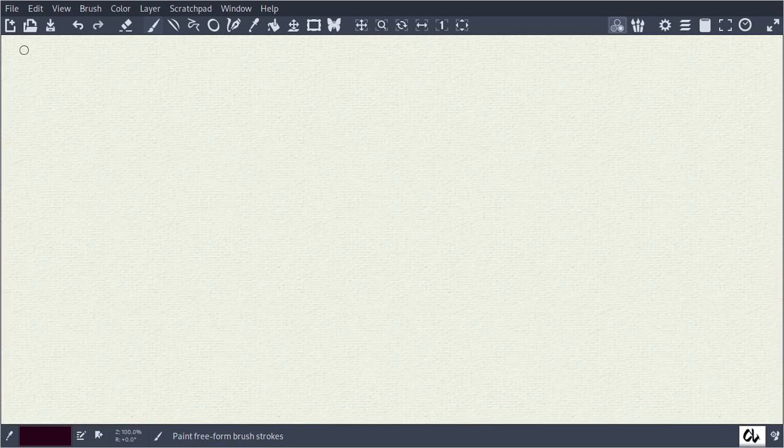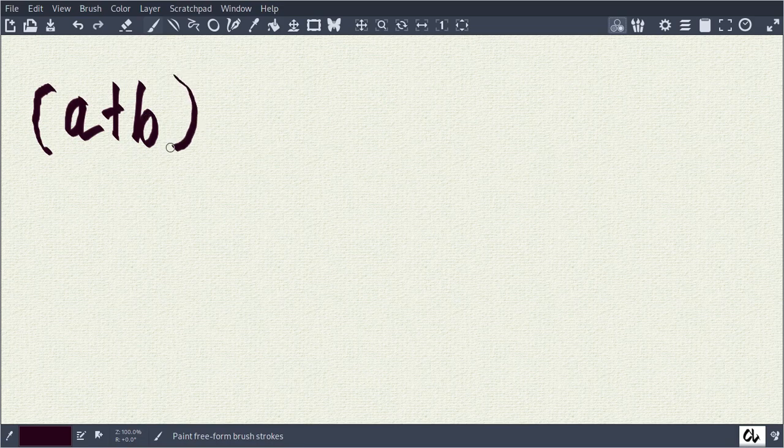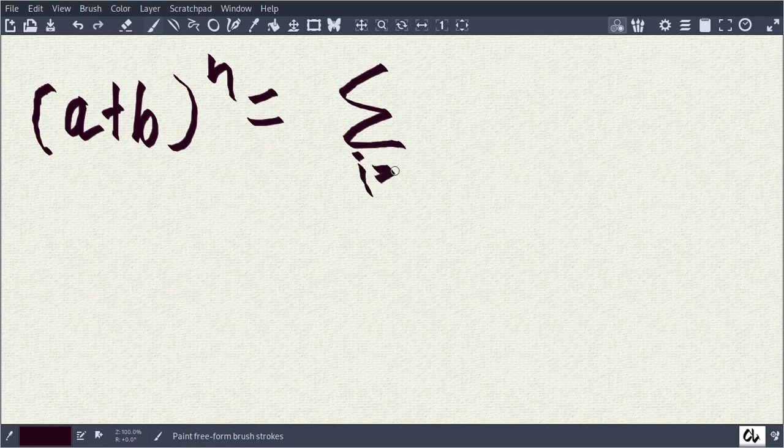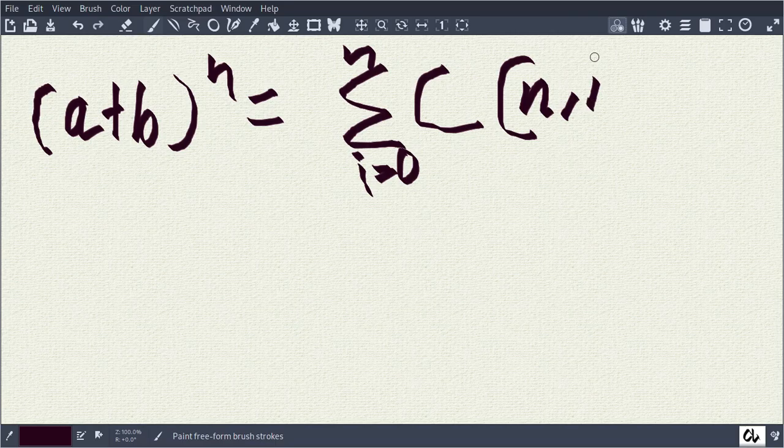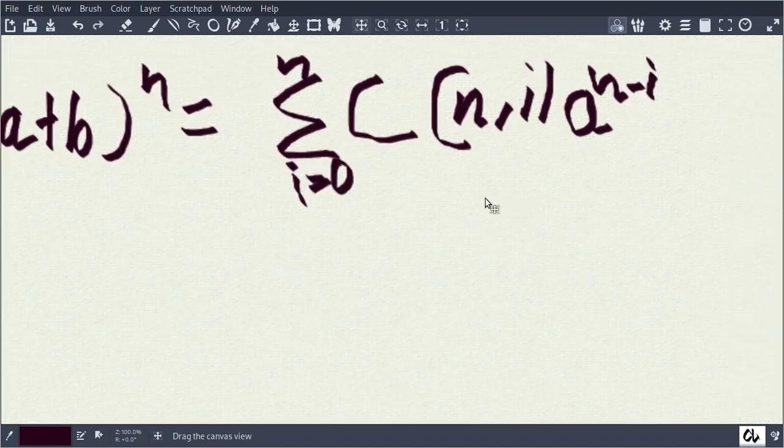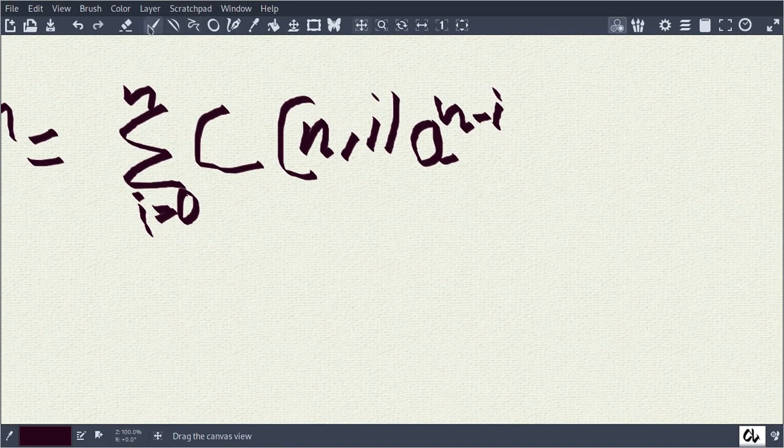Here I go. So in the binomial expansion, this theorem, a plus b raised to the power of n must be equal to the sum from i starts from 0 and goes to n, of combination of n comma i, a raised to the power of n minus i, times b raised to i.